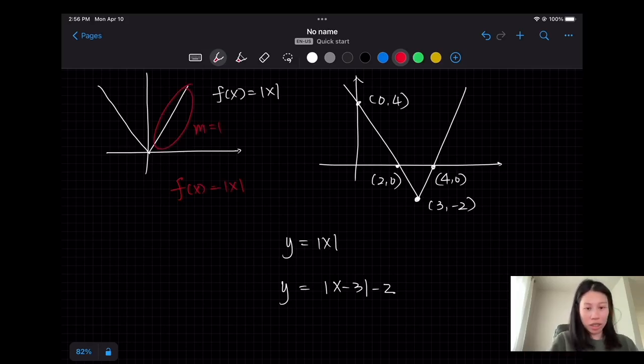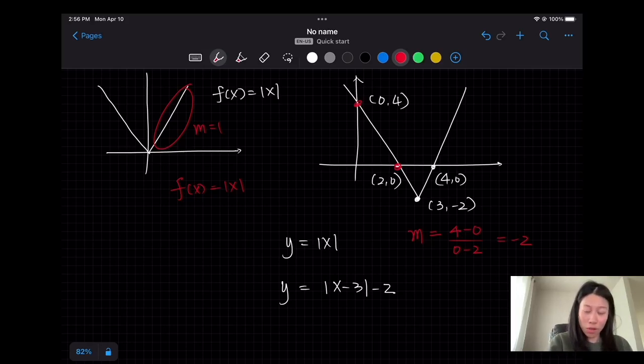So now let's take a look at this slope. From these 2 points, let's pick 2 random points, we have the slope equals 4 minus 2 over 0 minus 2, which is -2. So that means the slope is going to be -2.